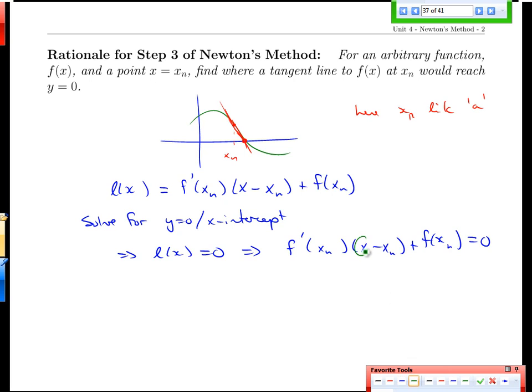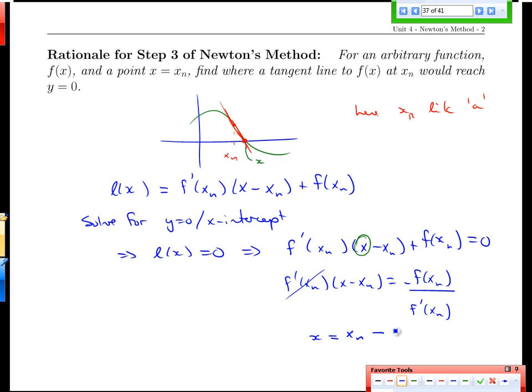The value we want, this little coordinate here, is the x value where the tangent line hits the x-axis. What x coordinate is that going to be at? We want to solve for that. And so we just move everything over piece by piece. Bring that to the other side. Then we're going to divide through by f prime of xn. And last but not least, we bring this to the other side.